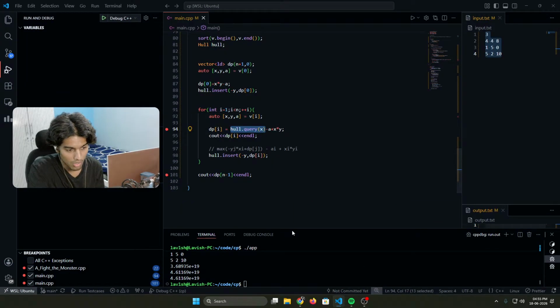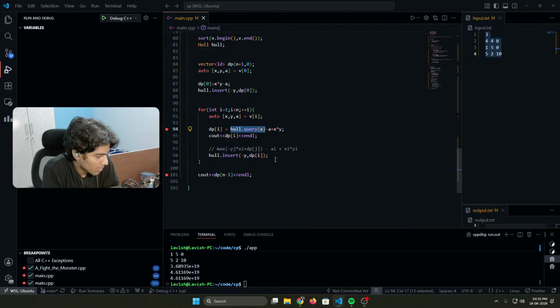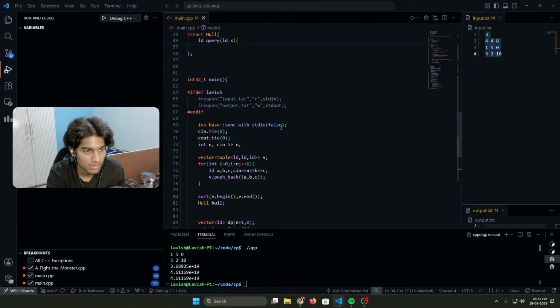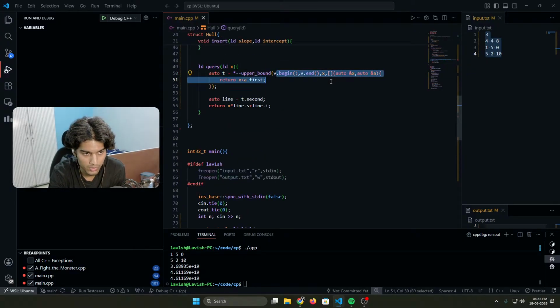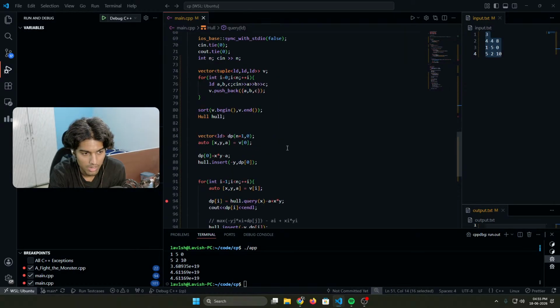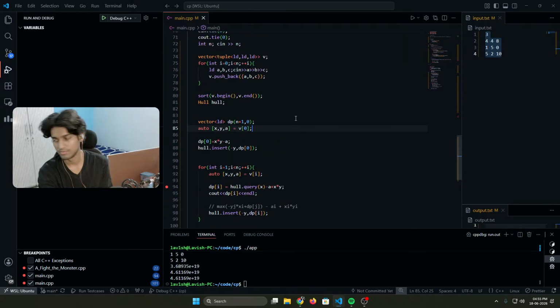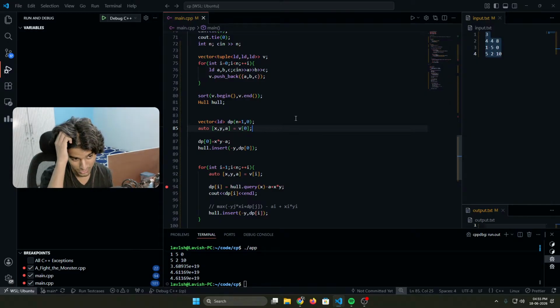So this query is wrong, right? Well. So what does query do? I shouldn't be getting that. If this is what is happening then. Shouldn't be less than. There is some mistake in my code, I believe. This is why.